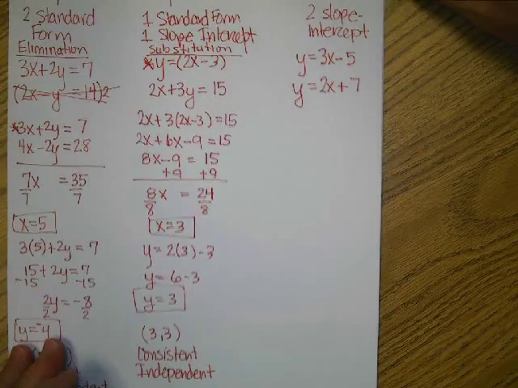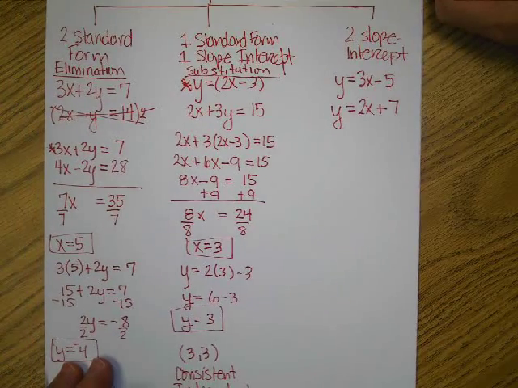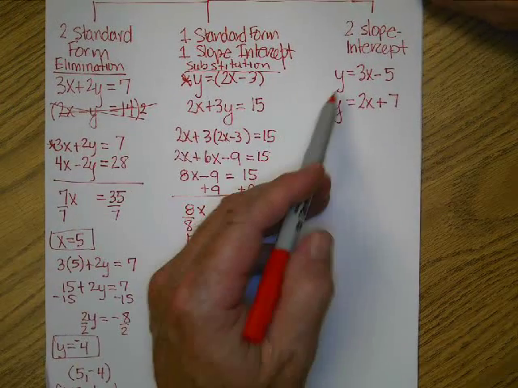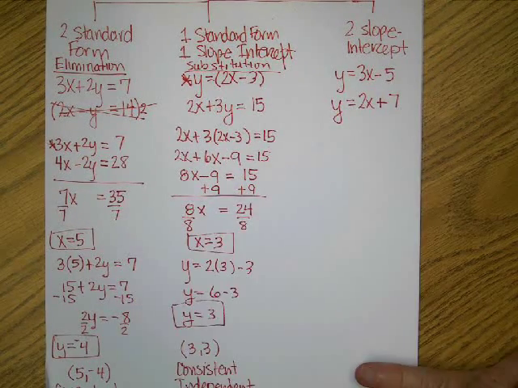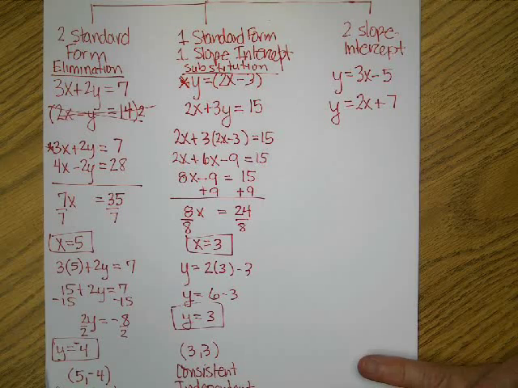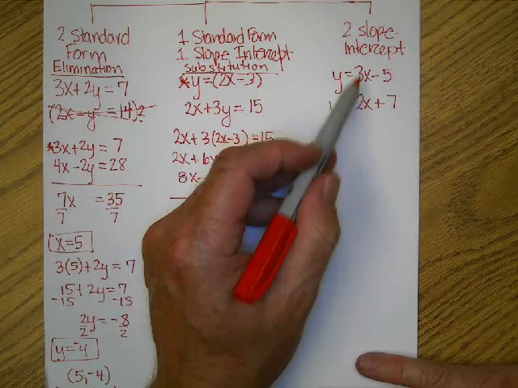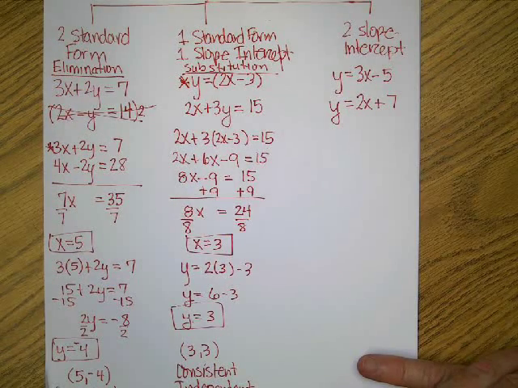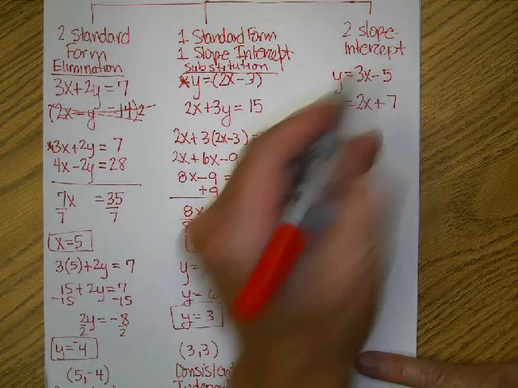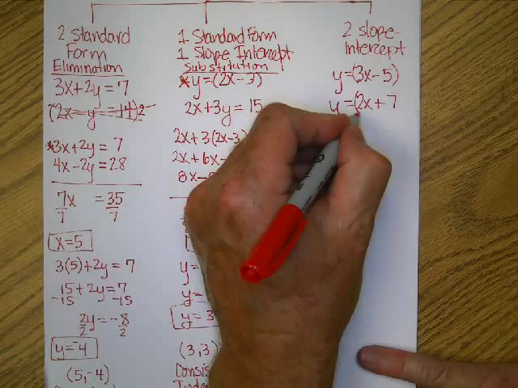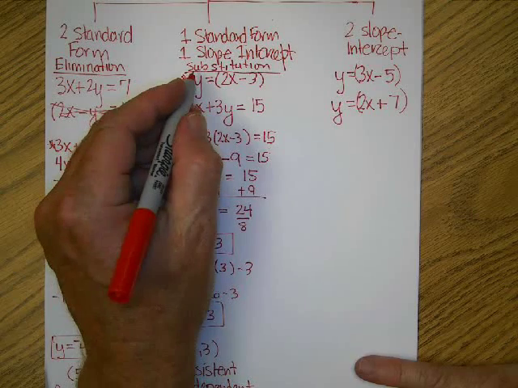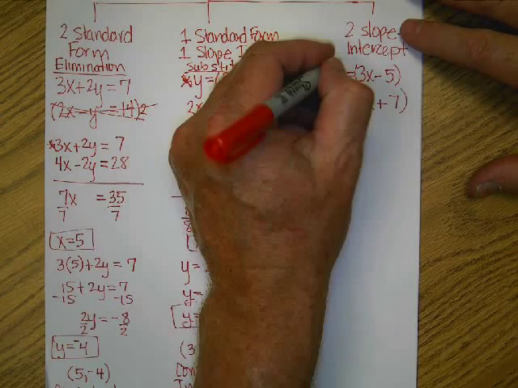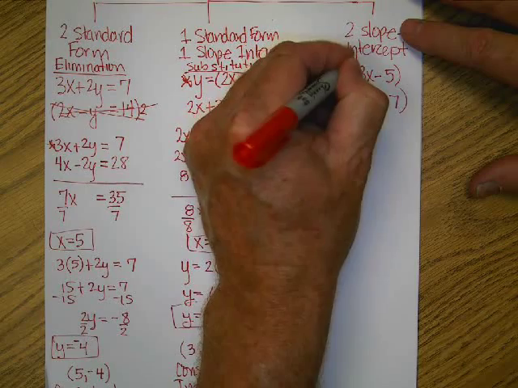Okay, our first situation was elimination, our second was substitution. Now our third is two slope-intercepts, and you can use either method, elimination or substitution. I like substitution because since they both equal y, you can just set these two equations equal. You take this portion and set it equal to this portion since they both equal y.